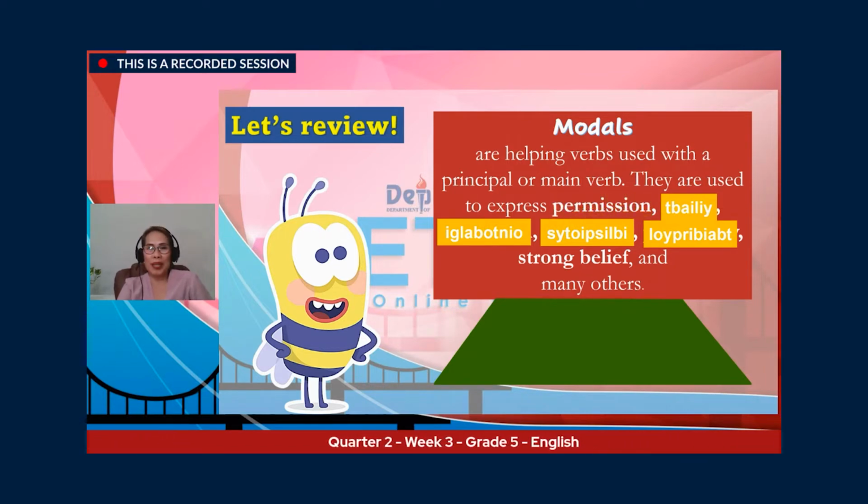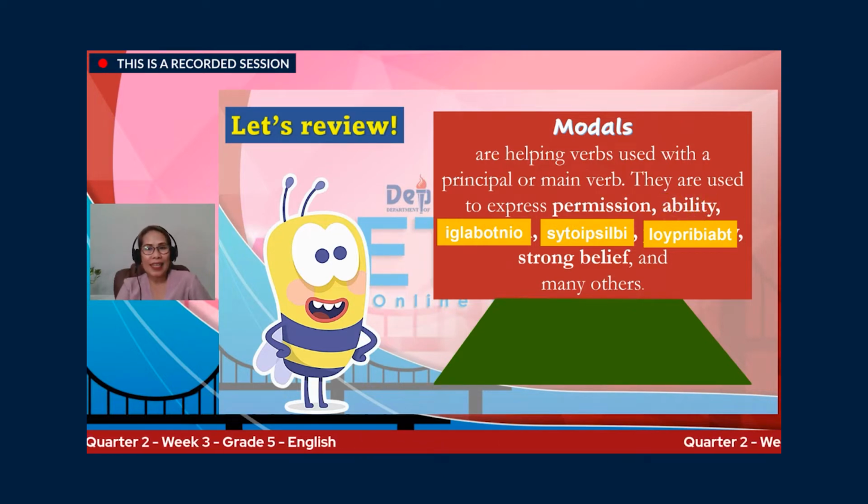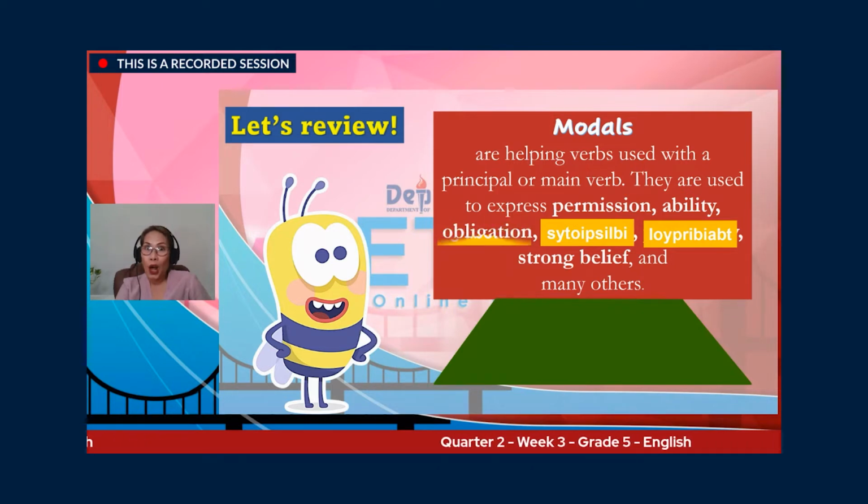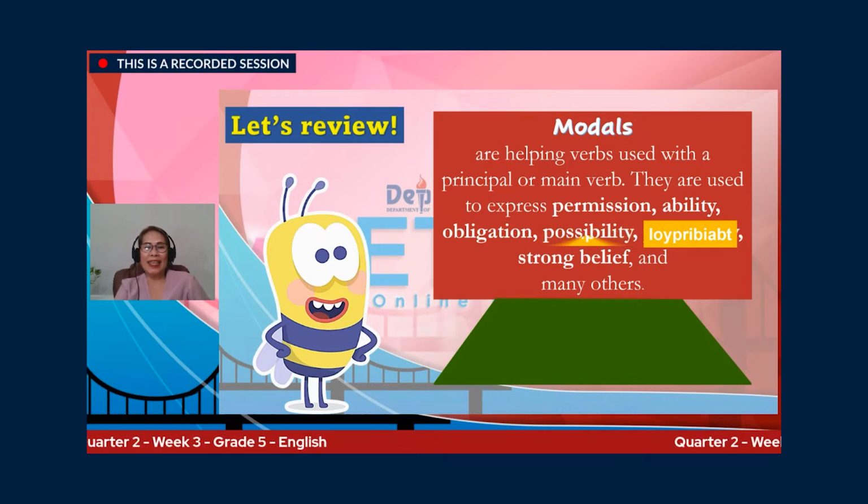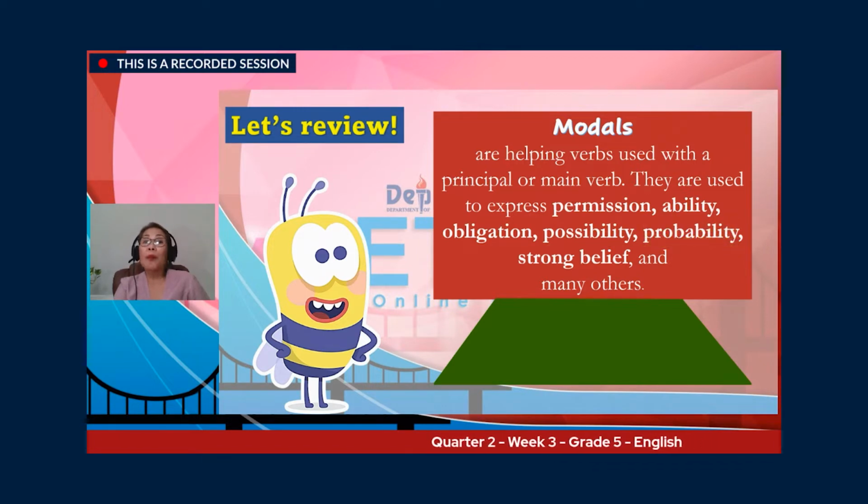What about the second one? Yes, ability. And what about the third one? Obligation. And the fourth? Possibility. And that is probability, strong belief, and many others.